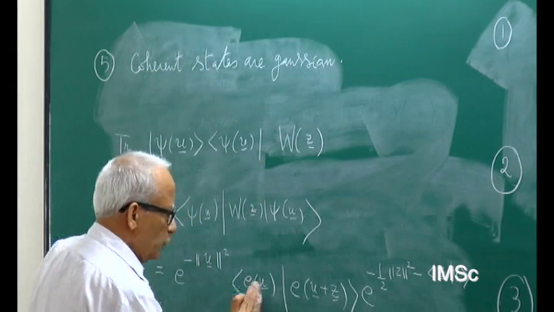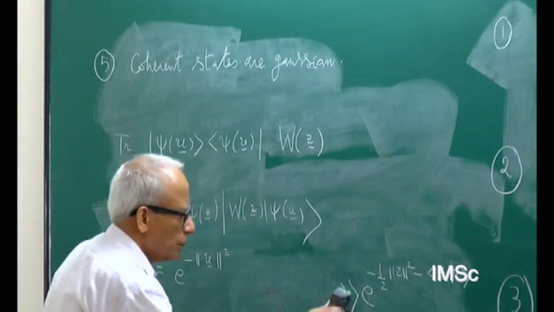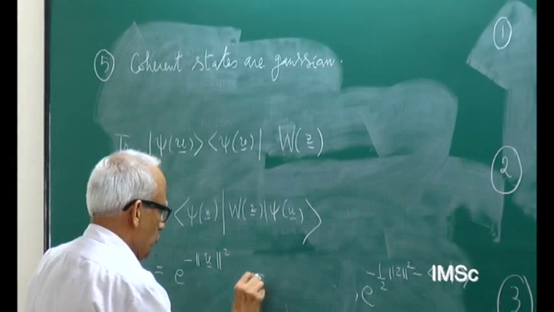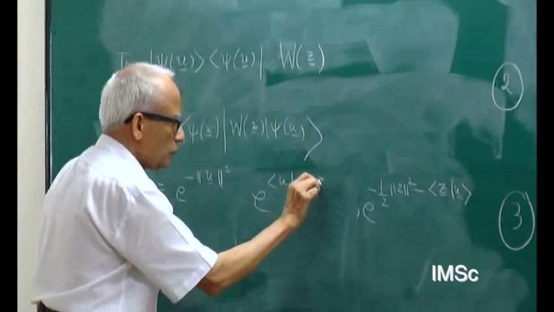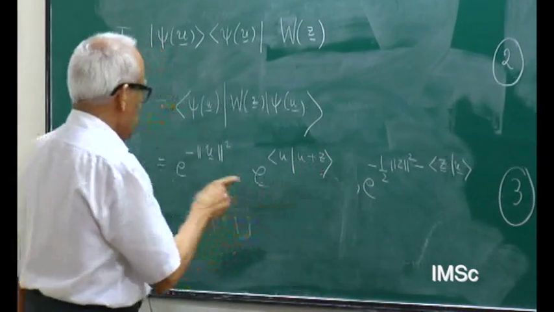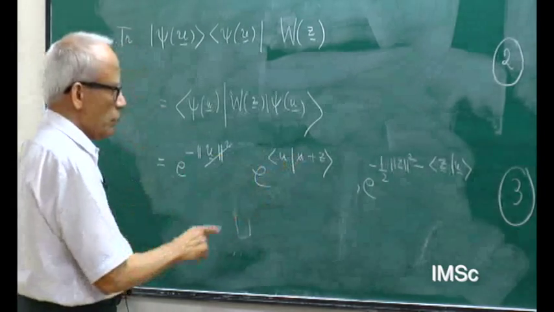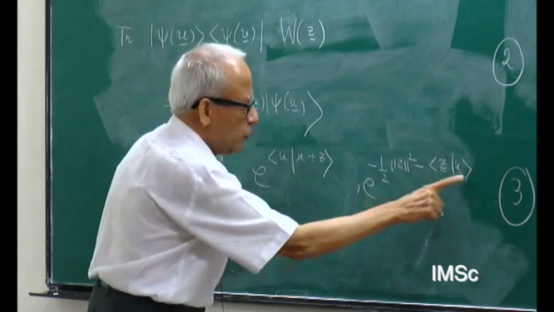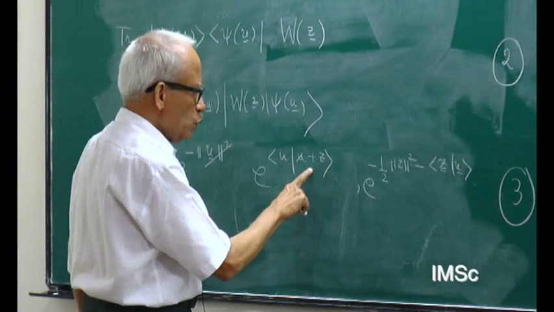This is E of U, scalar product U plus Z. So you have E to the power U plus Z. But you see this cancels out. So you have only, here you have UZ and there you have minus UZ.